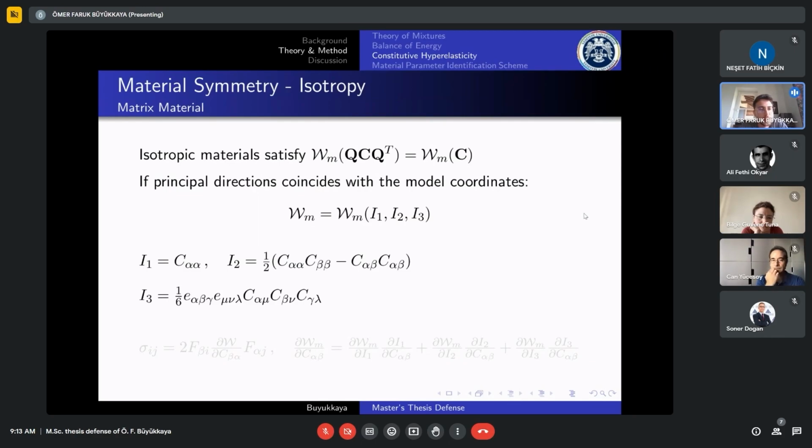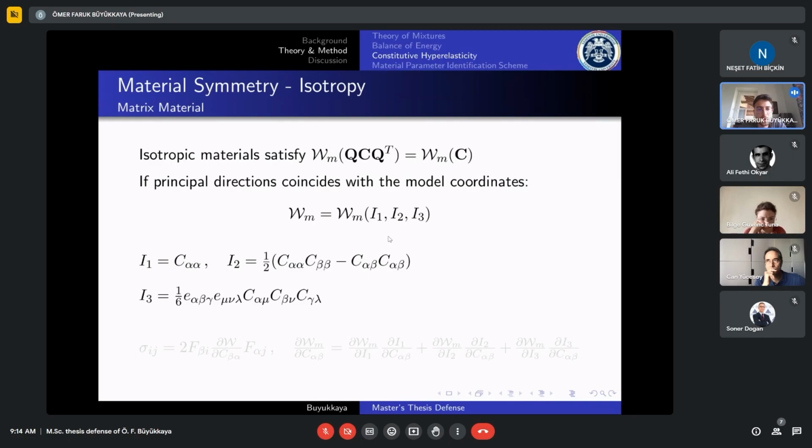So in order to derive the stress components for an isotropic material, isotropic materials satisfy this equation, which means that under the coordinate transformation of the deformation tensor, the energy stored within the material should not be changed.